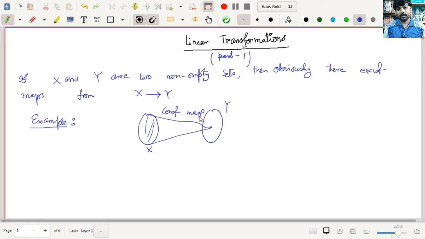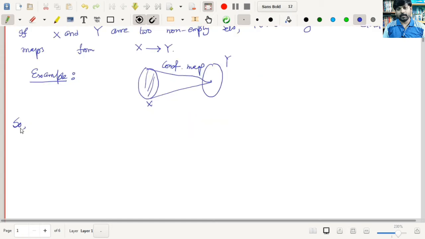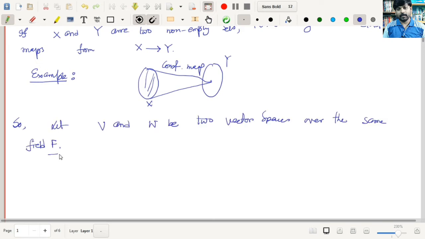Now if we impose some additional algebraic structure on X and Y, then we are interested in studying some typical types of maps from X to Y. In this discussion we will consider that X and Y are both vector spaces over the same field F. Let us take two vector spaces V and W over the same field F. Now we are considering those maps from V to W which preserve the algebraic structure on V. So now we are going to define the formal definition of a linear map.